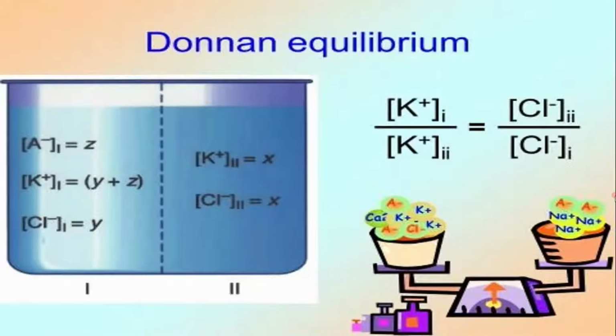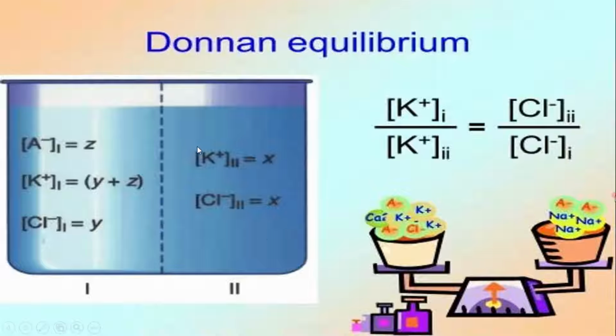So you see this balance, both sides have to be balanced. In this figure, you can see this is side 1 and this is side 2. In side 1, there is presence of protein. In the cell there are 2 things present, potassium and chloride, and outside the cell also potassium and chloride.